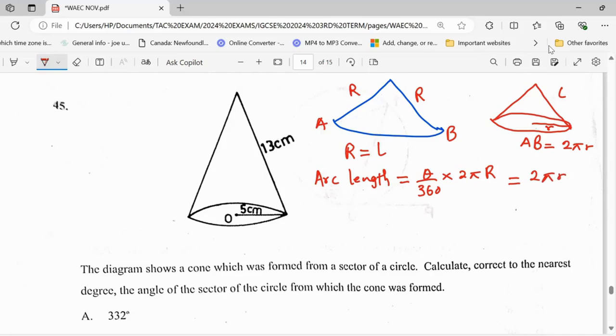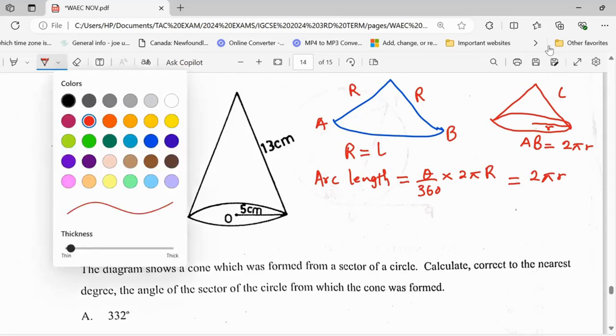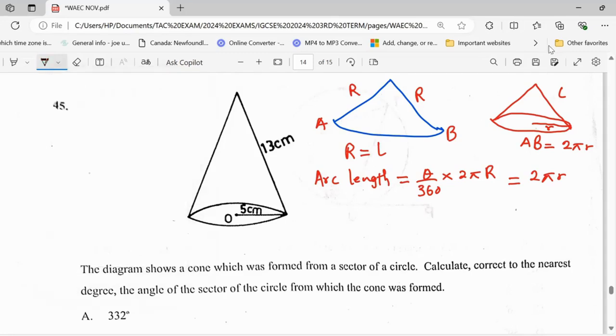Now, let us look at something here. We can divide both sides by 2 pi to create a relationship that will be very useful here. The 2 pi cancels.